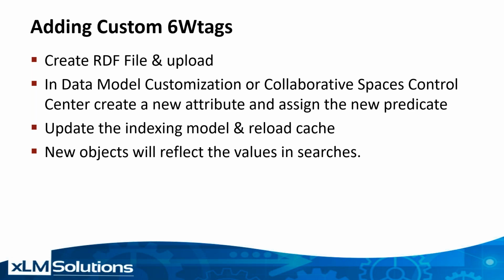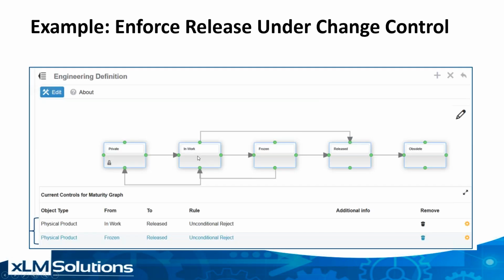Then you'll want to run some commands to update the indexing model and reload the cache to get that 6W tag in the system. All new objects created will then reflect those values in searches based on the 6W tag. Again, we can elaborate on that offline if needed, but you have the ability to add your own 6W tags and configure them in the system as well.